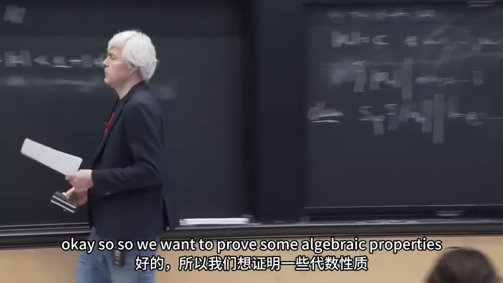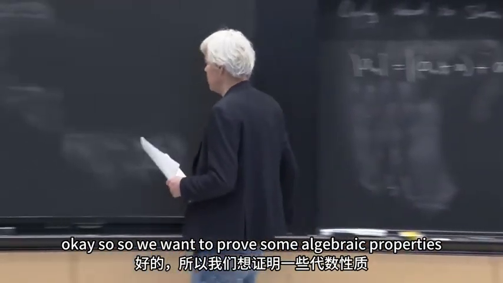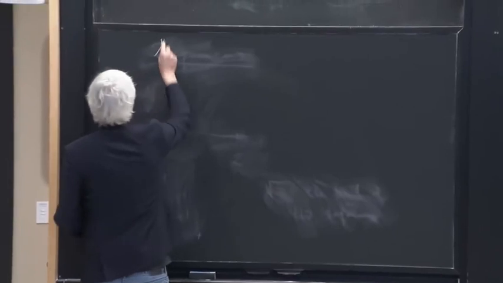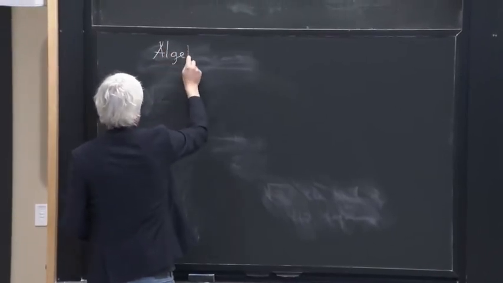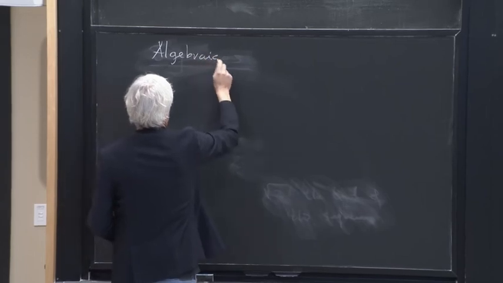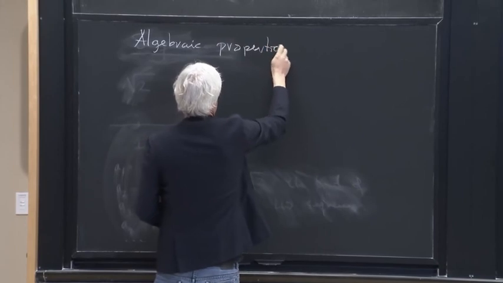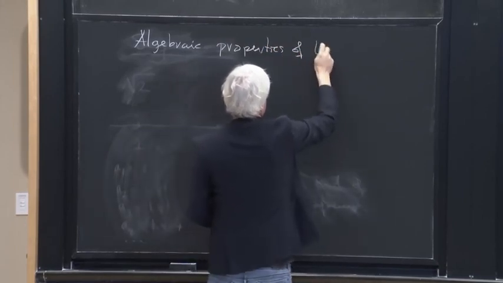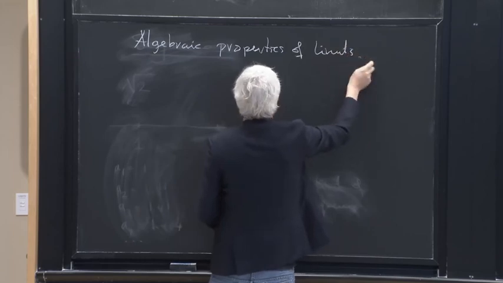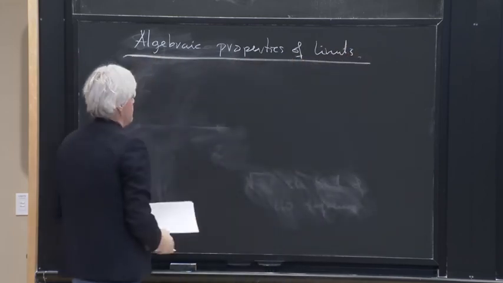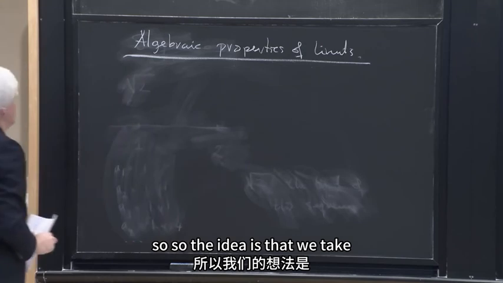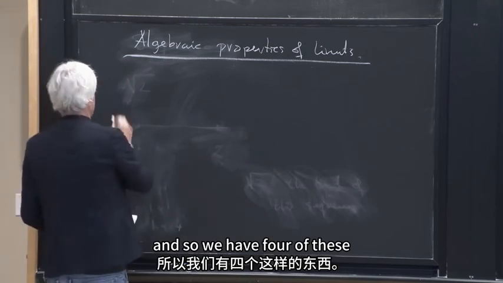Okay, so we want to prove some algebraic properties of limits. So the idea is that we have 4 of these.